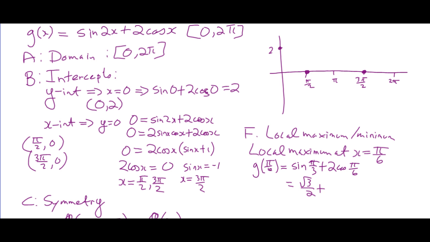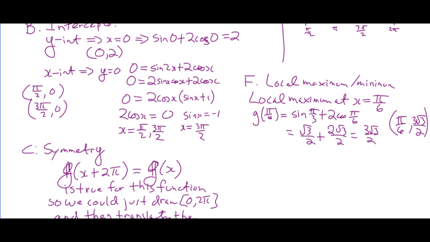Root 3 over 2 plus 2 cos pi over 6, so plus 2 root 3 over 2, right? Now, I think I'd rather leave it like that because the whole thing's going to be 3 root 3 over 2, right? As opposed to just saying, oh, this is 2 times root 3 over 2, which is root 3. It's more useful if it's over 2. So 3 root 3 over 2. So it gives us the point pi over 6, 3 root 3 over 2.